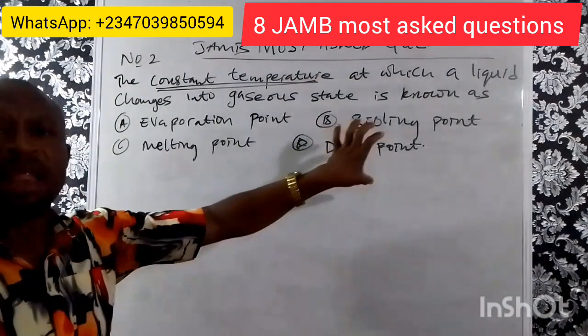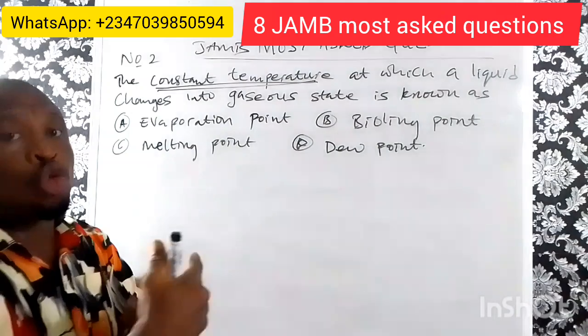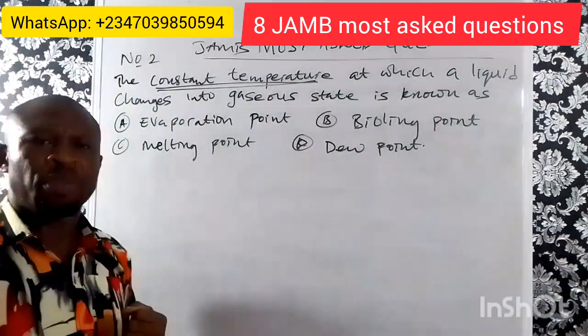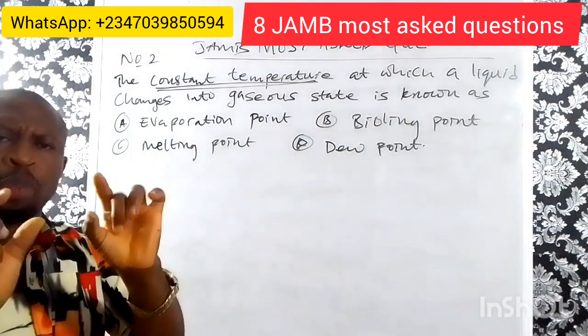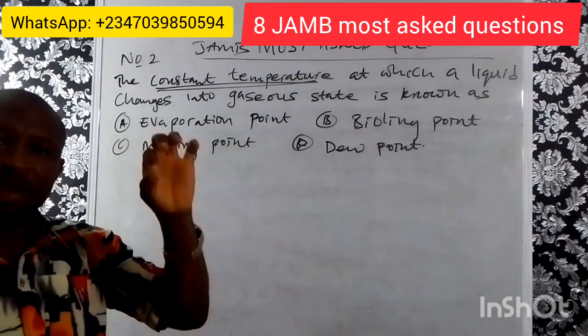Now, I will explain these terms one by one because in an exam situation, you may not be able to distinguish one from the other. I will start from this. Now, dew point. All of them occur at certain temperatures.